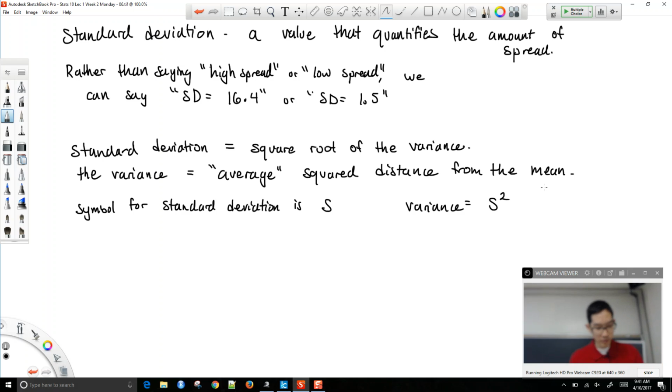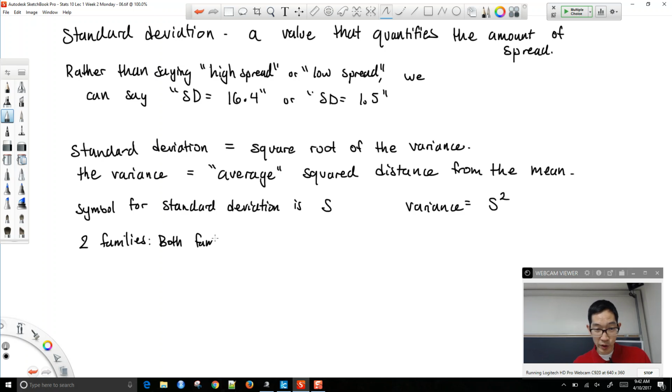Okay, so I'll throw in another. I think this is an easy clicker question, so we'll do this. We have two families, and in both families, the ages are symmetric and the average age is 9.